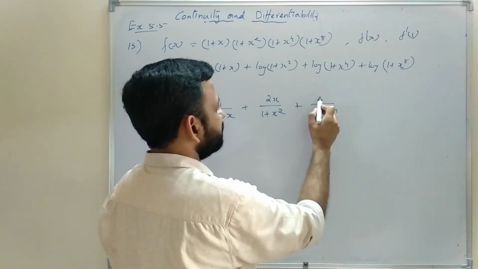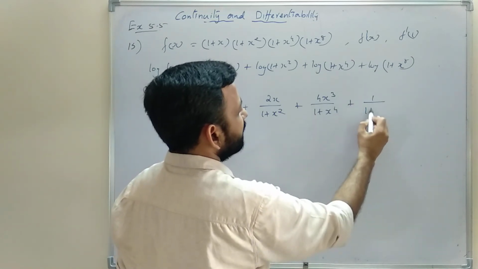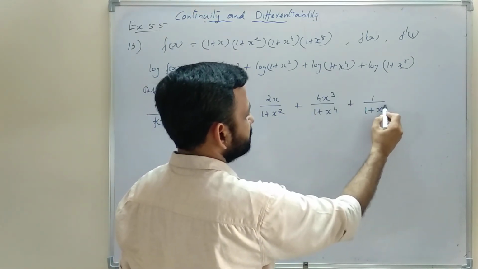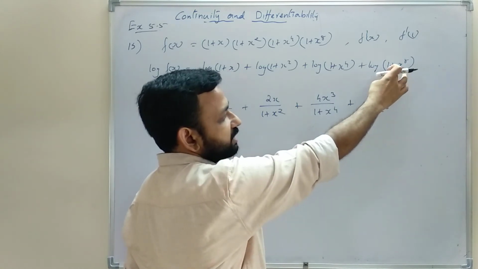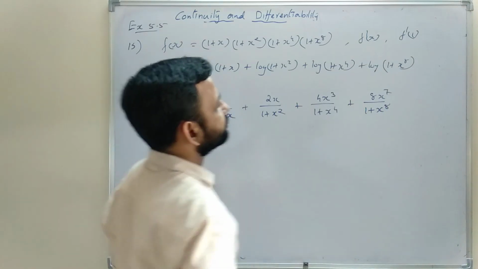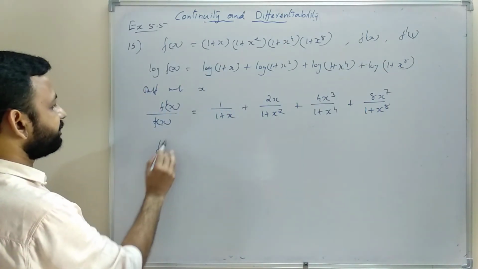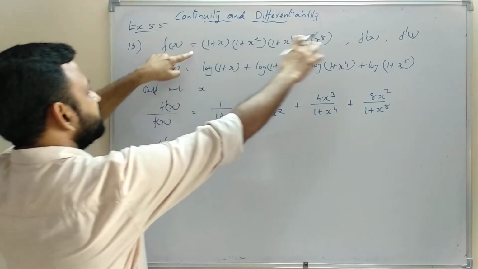So that 4x cube will be in the numerator. Plus again, 1 upon 1 plus x raised to 8 into derivative of 1 plus x raised to 8, that is 0 plus 8x raised to 7. Therefore f dash x equals f of x into this one. f of x is this expression.